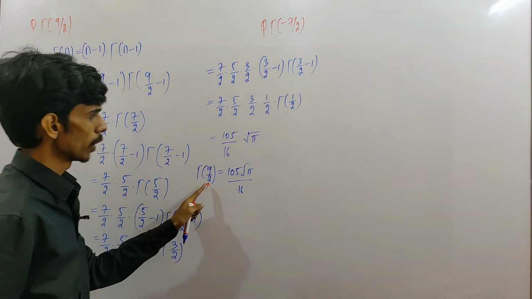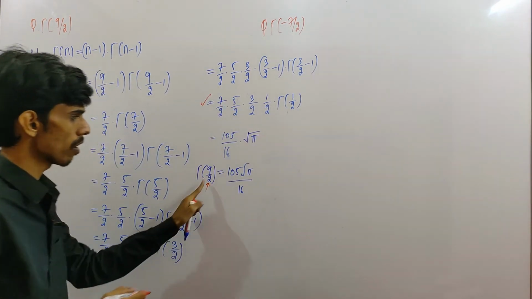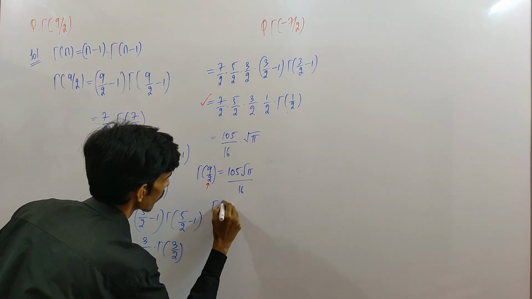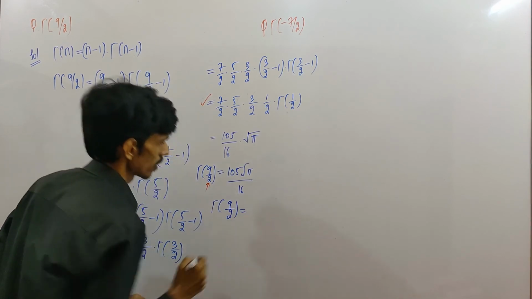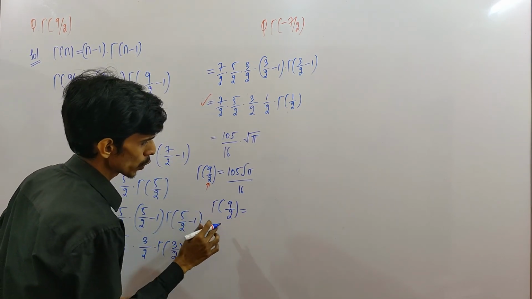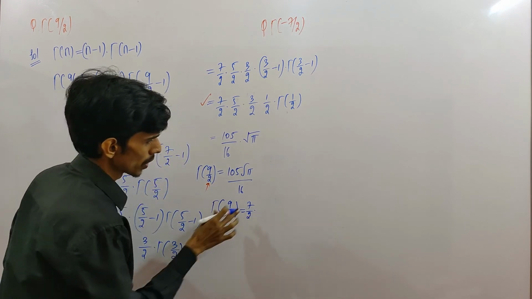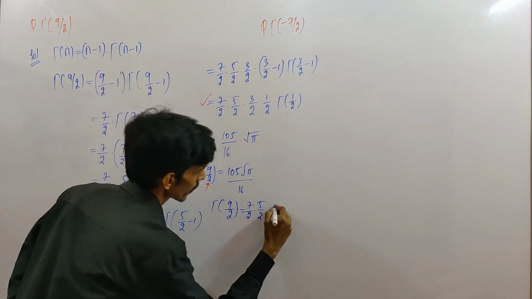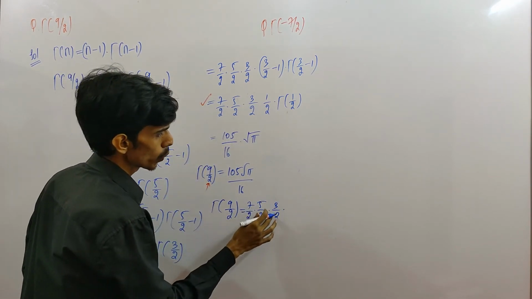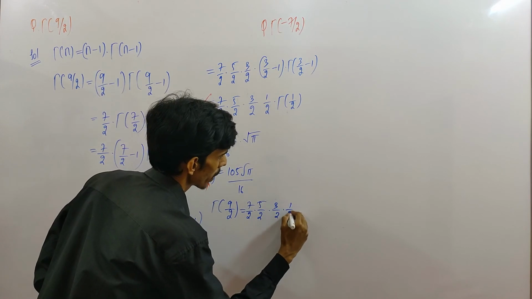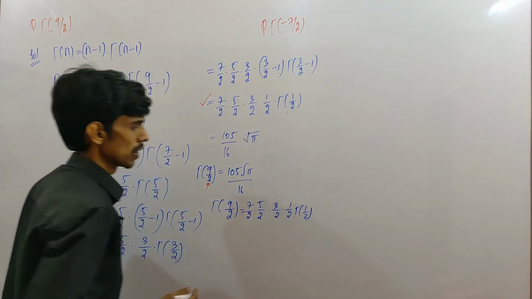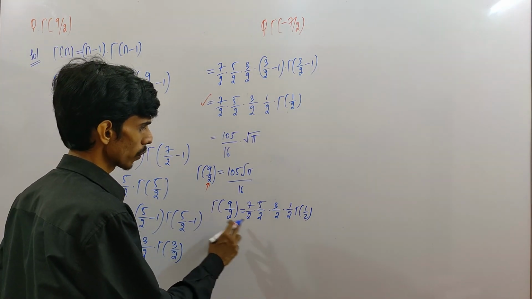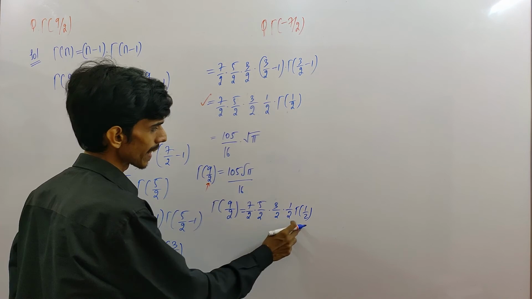One more thing, in only one step we can write down this gamma of 9 by 2 as: 9 minus 2 we have 7 by 2, 7 minus 2 we have 5 by 2, 5 minus 2 we have 3 by 2, 3 by 2, 3 minus 2 we have 1 by 2, gamma of 1 by 2. So this is the strategy. In this way we can find the value of this gamma function in a single step.